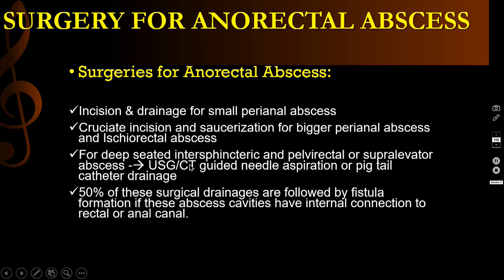For deep-seated intersphincteric and pelvirectal or supralevator abscess, either ultrasound or CT guided needle aspiration or pigtail catheter drainage can be done. 50% of these surgical drainages are followed by fistula formation if these abscess cavities have internal connection or internal fistula to rectal or anal canal.